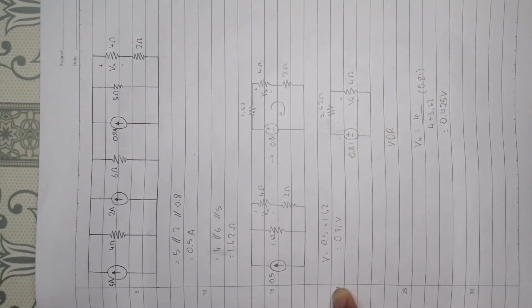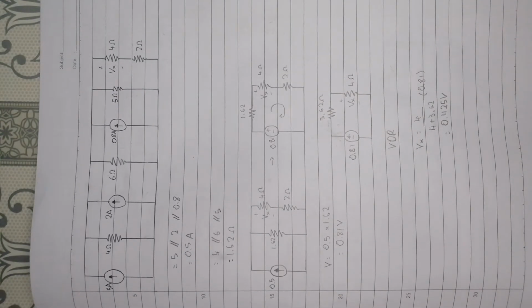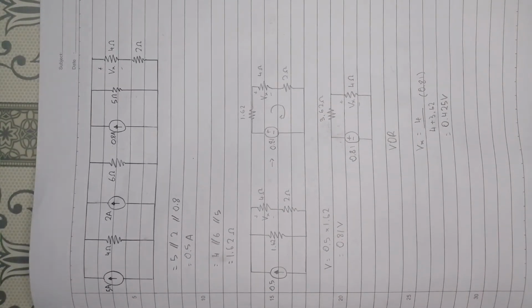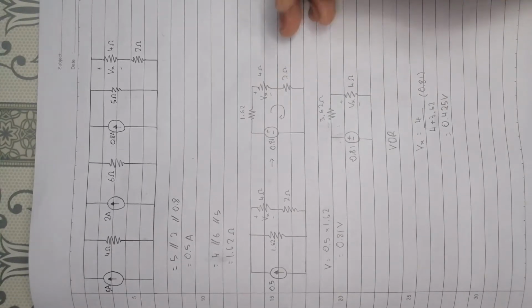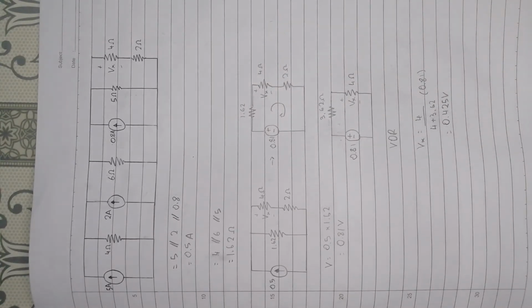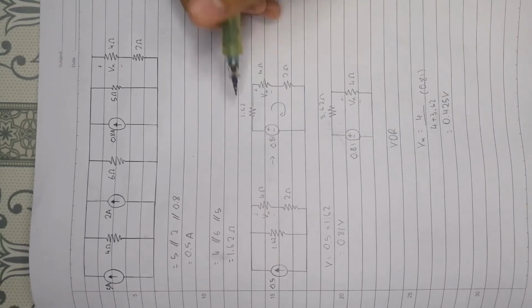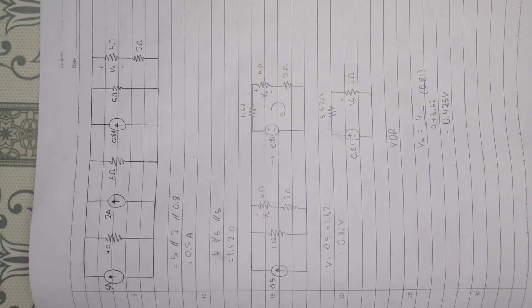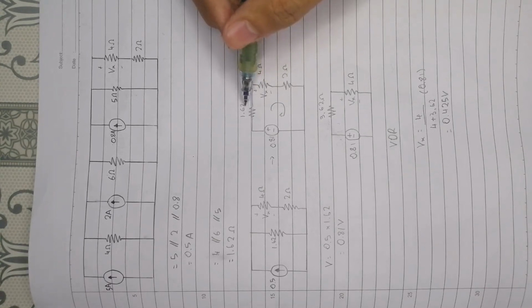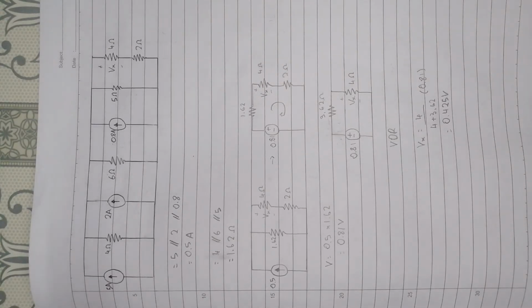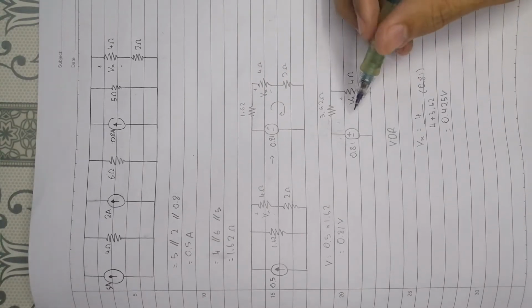We got 0.81 volt. And then it will become a one loop circuit like this. And then we combine this with two resistors, 1.62 and 2 ohm, and we got like this.